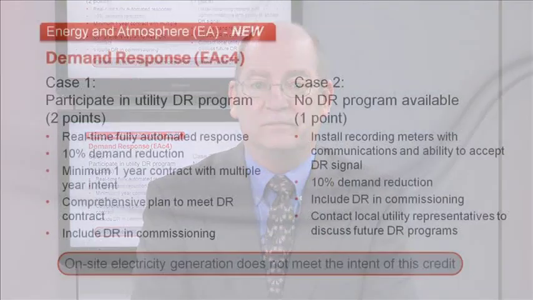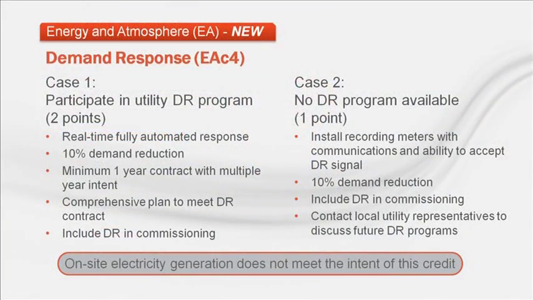One example is thermal storage to shift cooling load. In fact, for existing buildings, thermal energy storage is specifically mentioned. The difference is that 2 credit points are available if there's a contract for demand response, while only 1 point is available if there is not such a program.